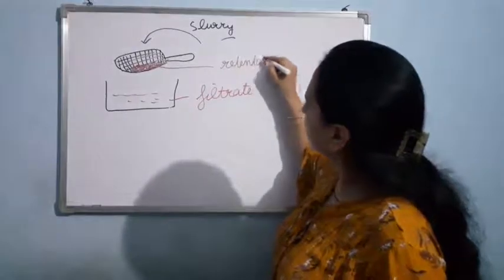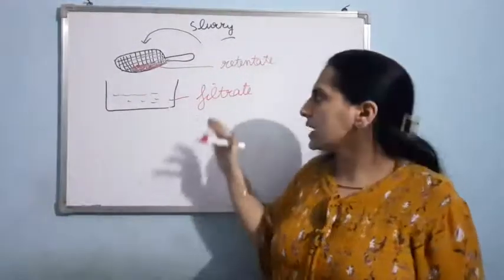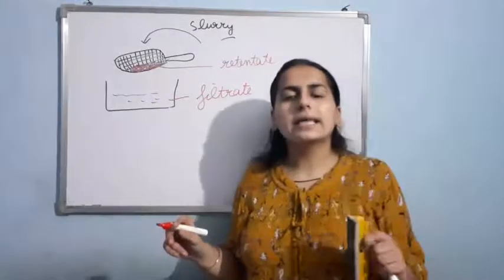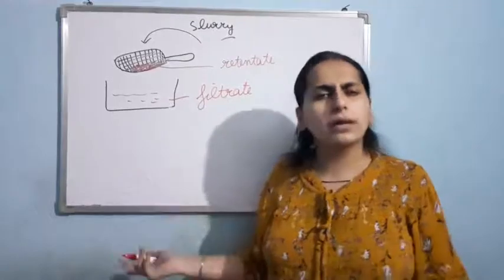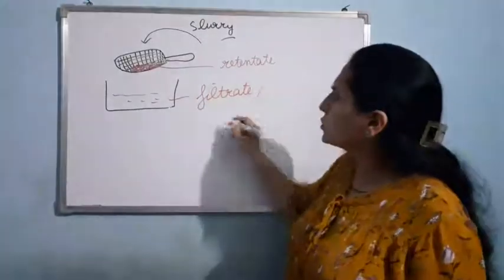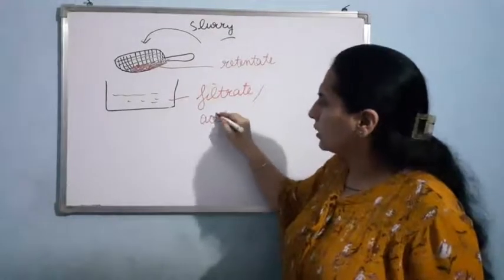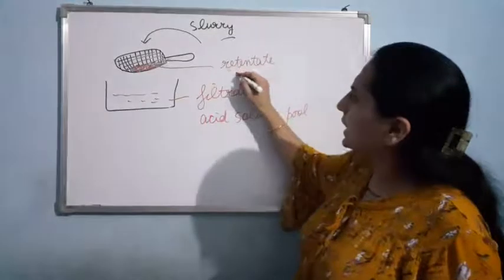Am I clear? The thing that I'll get in the beaker after the filtration process will be known as filtrate, or I can say it as acid soluble pool. As it is soluble in acid, we have taken trichloroacetic acid. So this is also known as acid soluble pool.